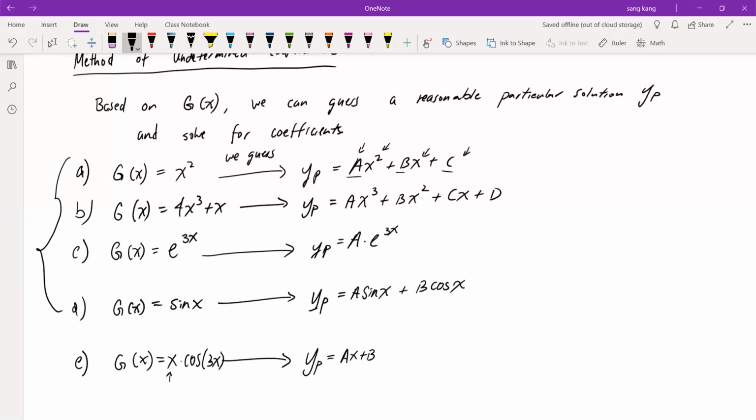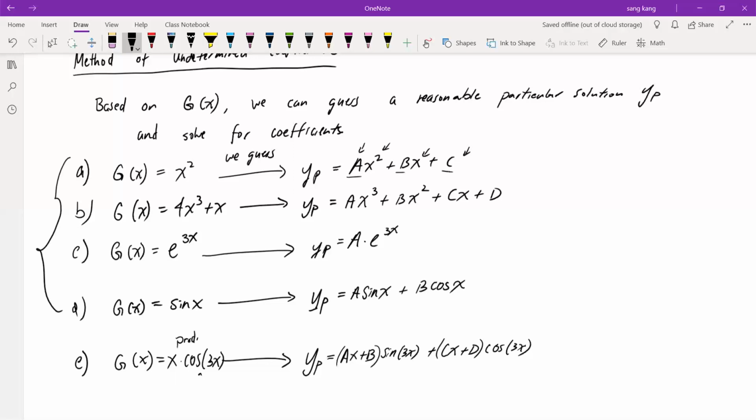We're starting with the highest power and reducing down to just a constant. And we're going to multiply that by the trial particular solution for cosine of 3x, which would be in terms of sine and cosine, right? So what I'm going to do is say (ax plus b) times (c sine of 3x plus d cosine of 3x).